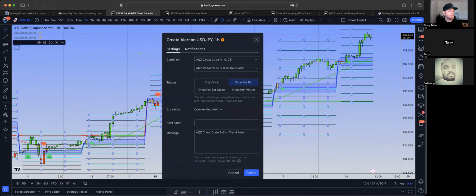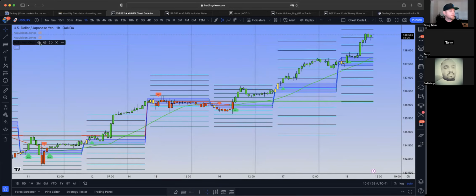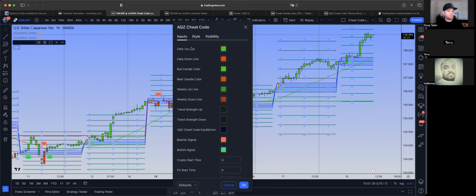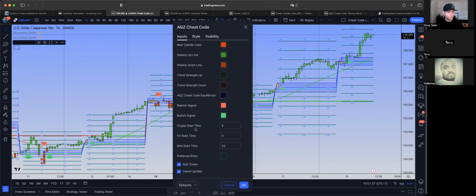Currently, in the settings of our indicator, crypto start time is 4, Forex start time is 0, and mini contract start time is 23.